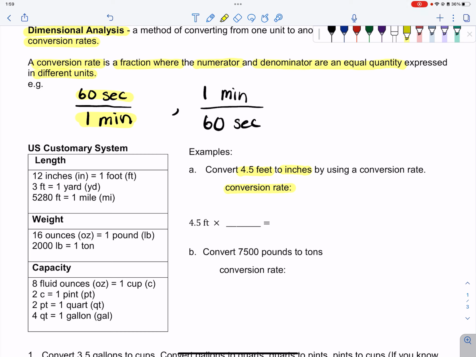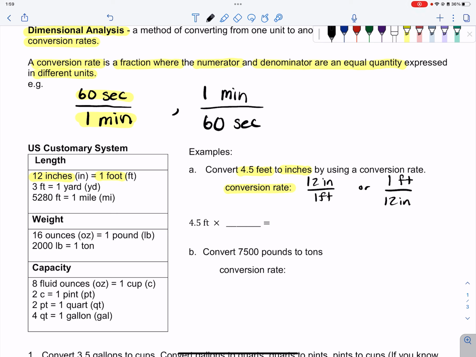And we have over on the left that 12 inches is the same thing as 1 foot. So this means my conversion rate is going to be one of two things. I'm either going to need 12 inches over 1 foot, or we might need instead 1 foot over 12 inches.